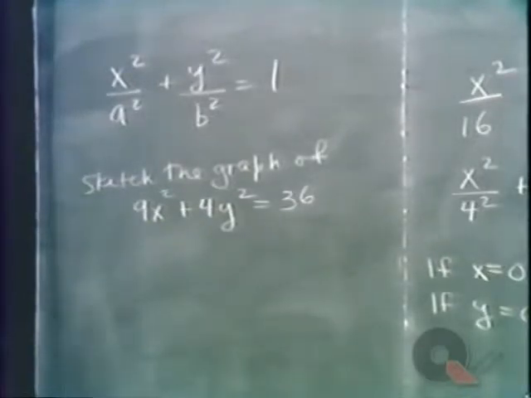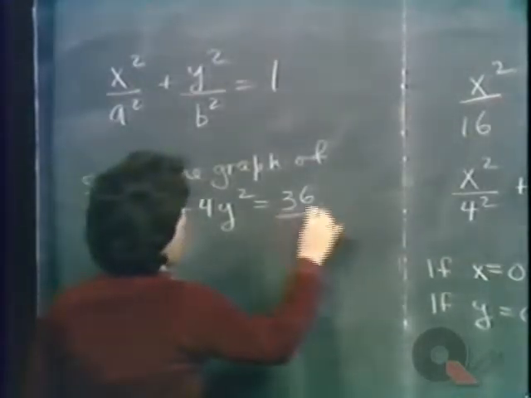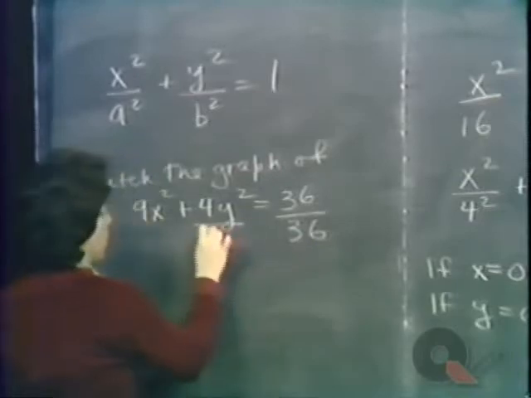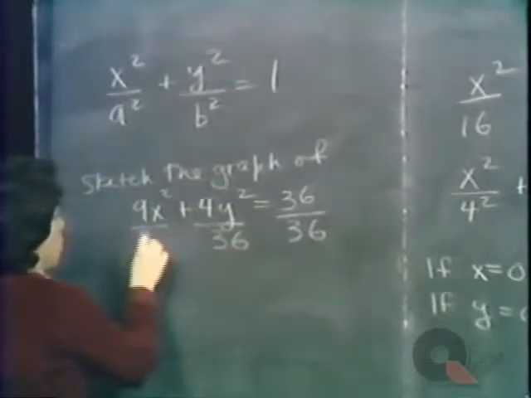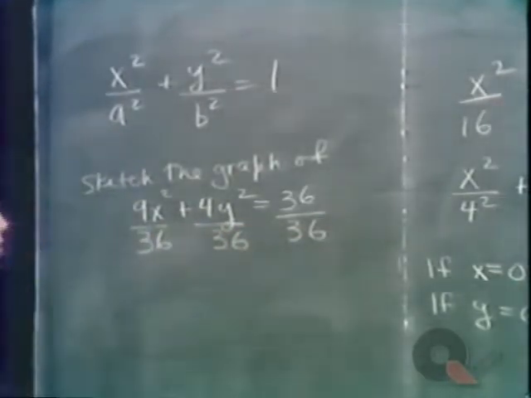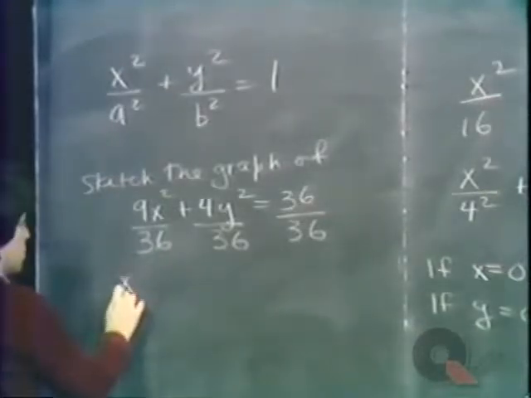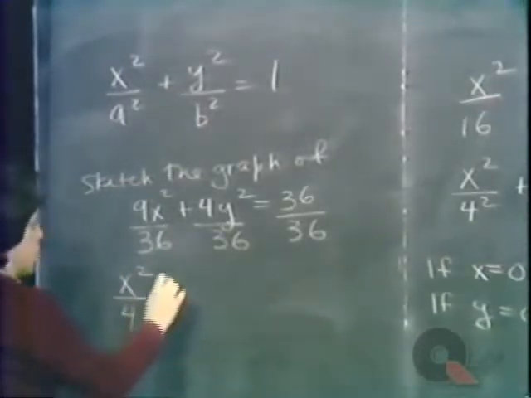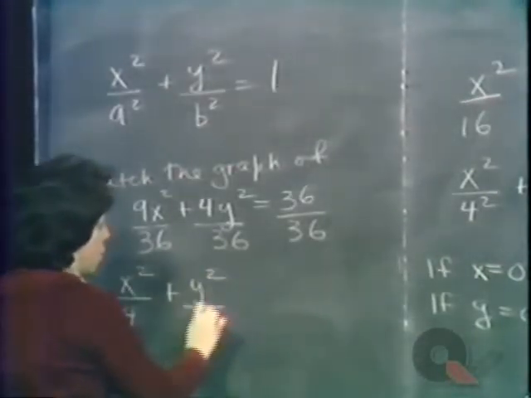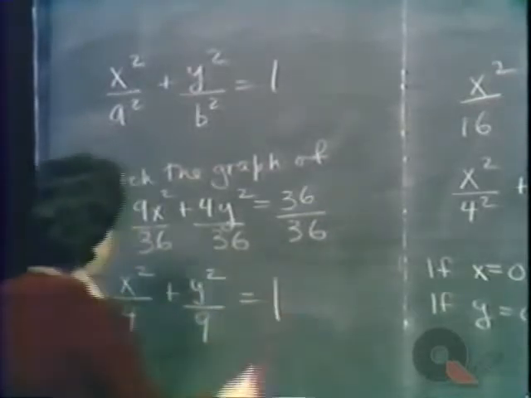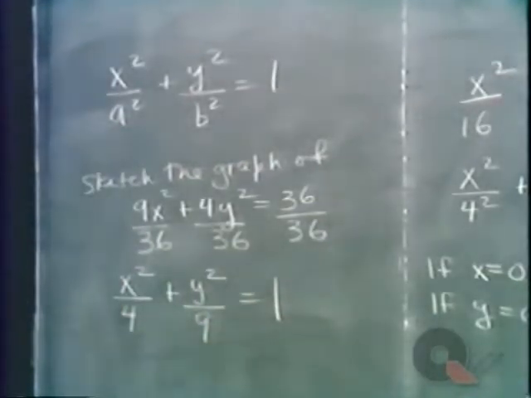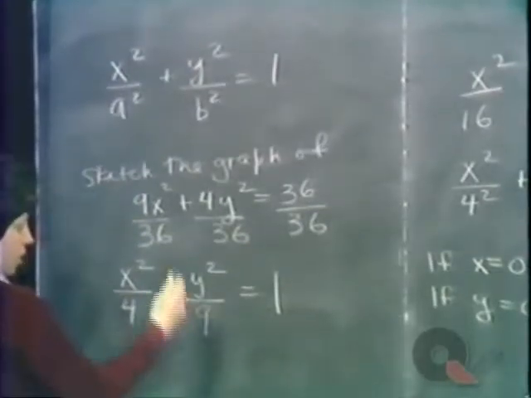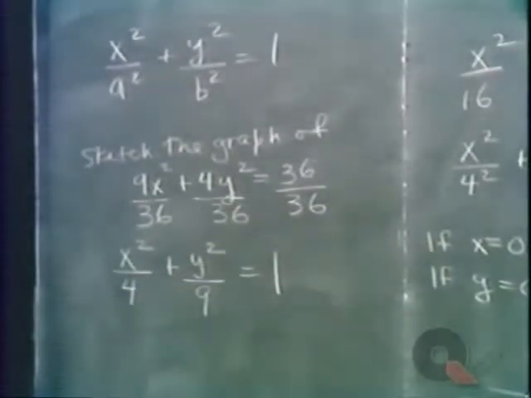If we divide both sides of this equation by 36, every term, we get x squared over 4 plus y squared over 9 is equal to 1. In this form, we certainly see that it is an ellipse in standard position. That is, x squared over 2 squared plus y squared over 3 squared equals 1.